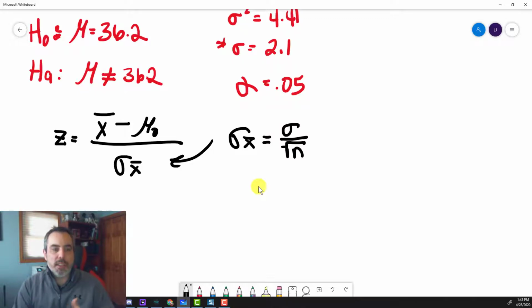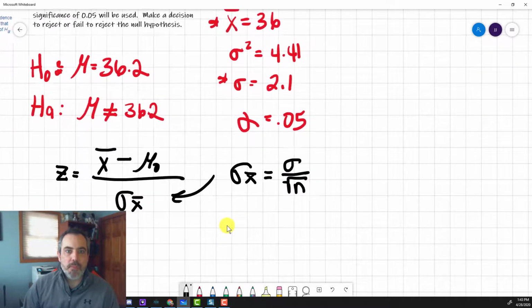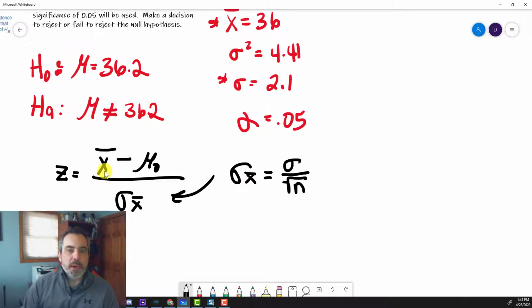So let's take a look at what we have with the numbers that we've got here. My null hypothesis, I know that the average that I had gotten in my test minus the average that I claimed, that's going to be these two numbers. The 36 was the average that I tested, and the 36.2 was the claim.